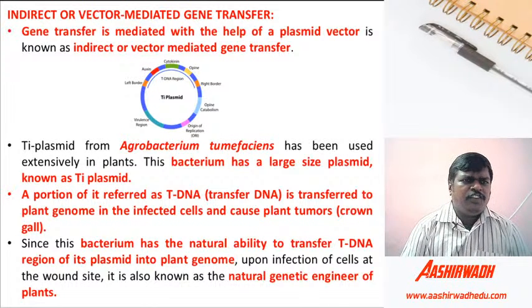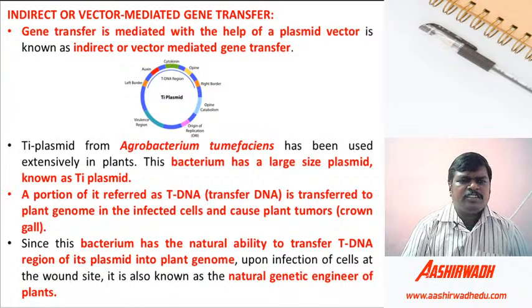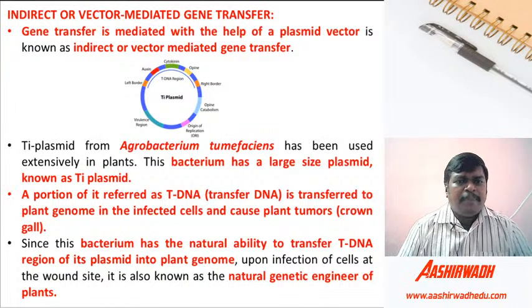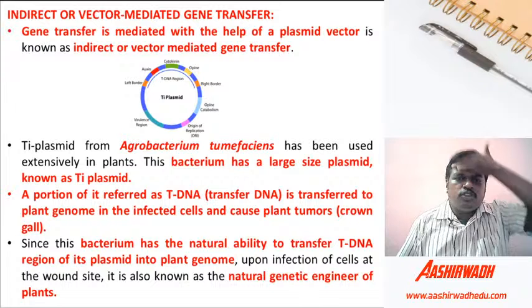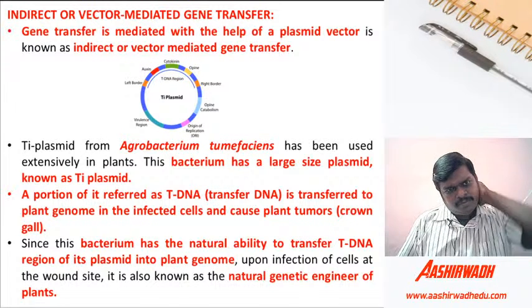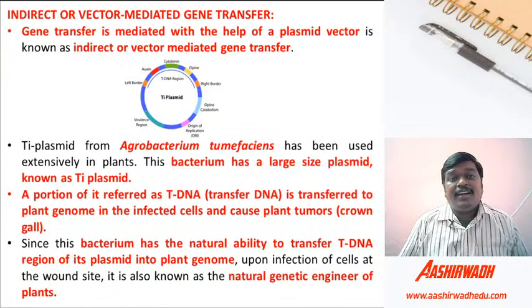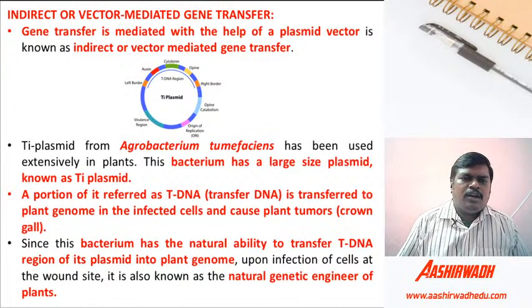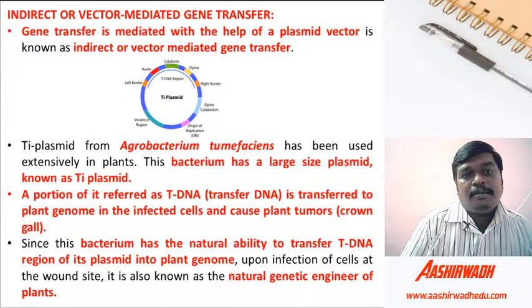But exclusively for plants, nowadays they are using only the Ti plasmid, tumor inducing plasmid, which is from the Agrobacterium tumefaciens. This bacterium has a large plasmid to transfer genes through the infection process, and a portion of it is transferred as T-DNA, called transfer DNA, to the plant genome in the infected cells and causes plant tumors.